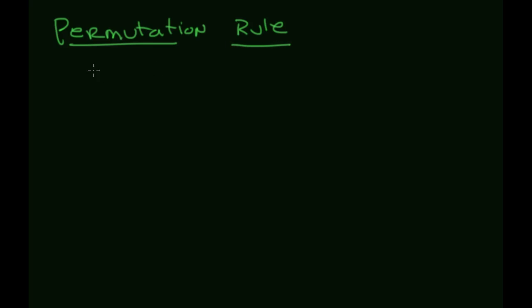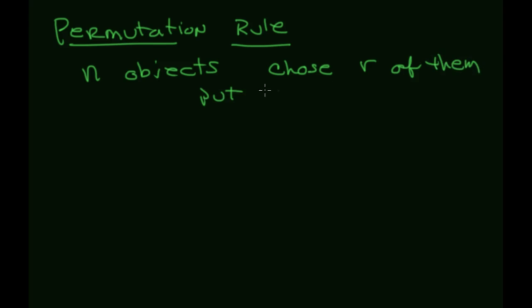Essentially what's happening here is I have n objects, and I'm going to choose r of them and put them in order.